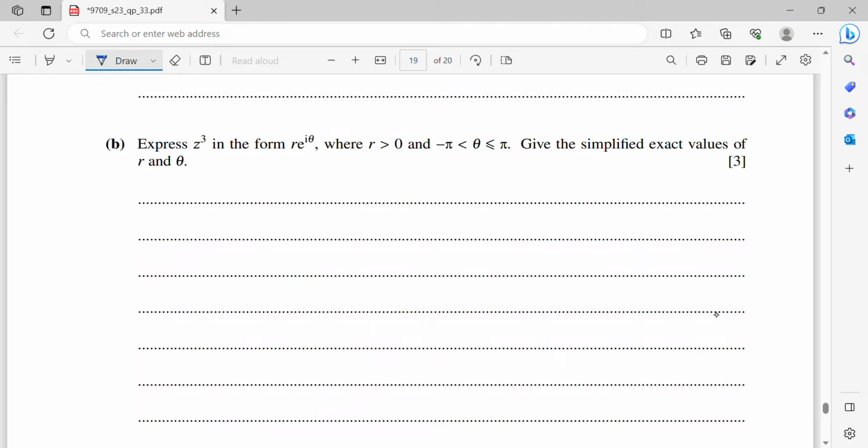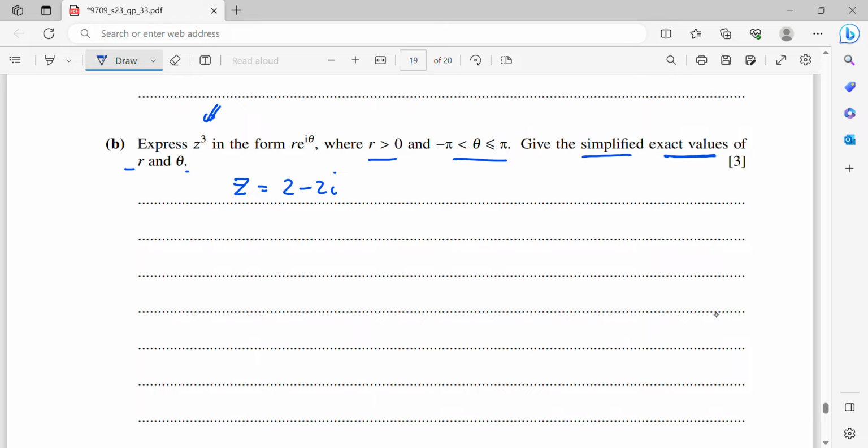Now, part B: express z cubed in the form re to the i theta, where r is greater than 0, theta is between minus pi and pi, inclusive of pi. Give the simplified exact values of r and theta. So now I will rewrite. My complex number is 2 minus 2i.